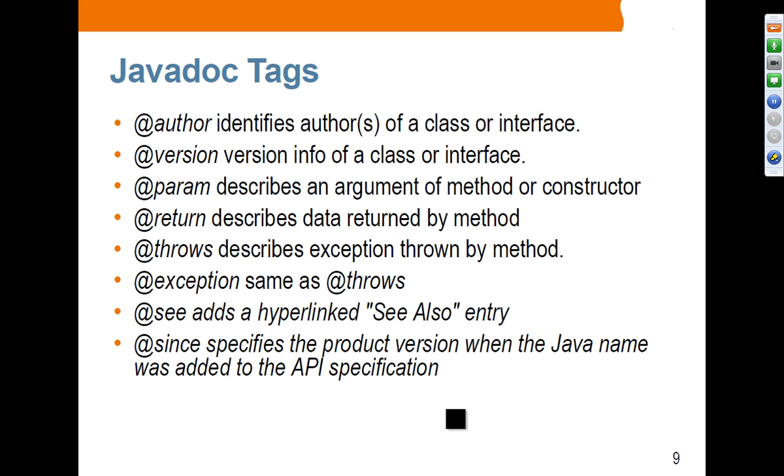The exception tag is actually the same as throws. And @see is like a hyperlink, a See Also entry. If you want to specify a See Also entry, then you're going to use this tag. And @since specifies the product version when the Java name was added to the API specification, meaning which version of Java this particular API is being supported and things like that.